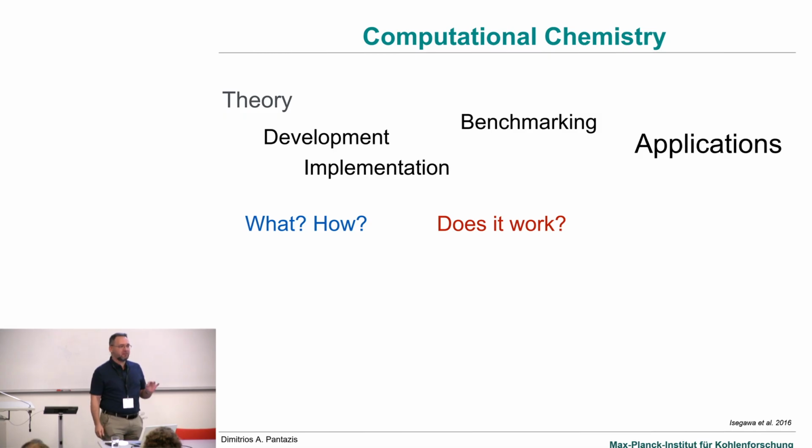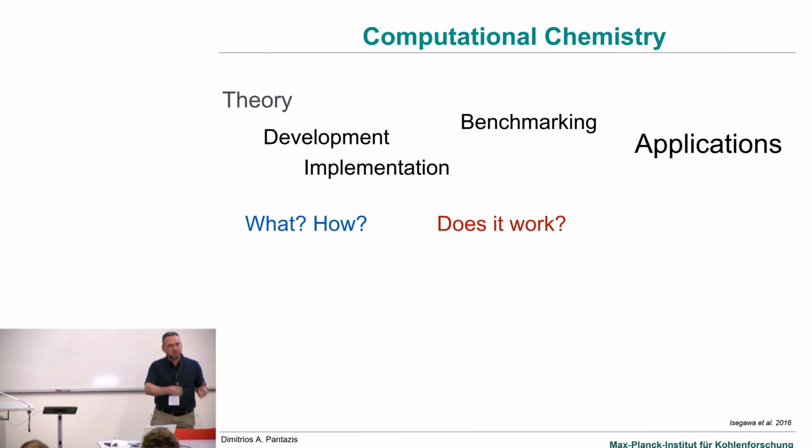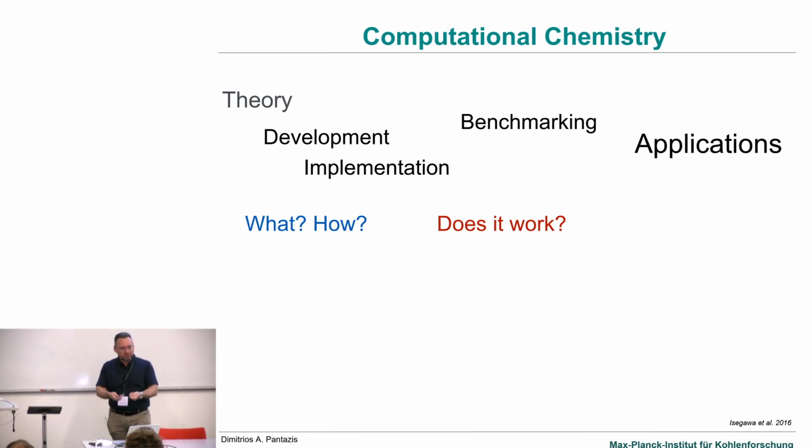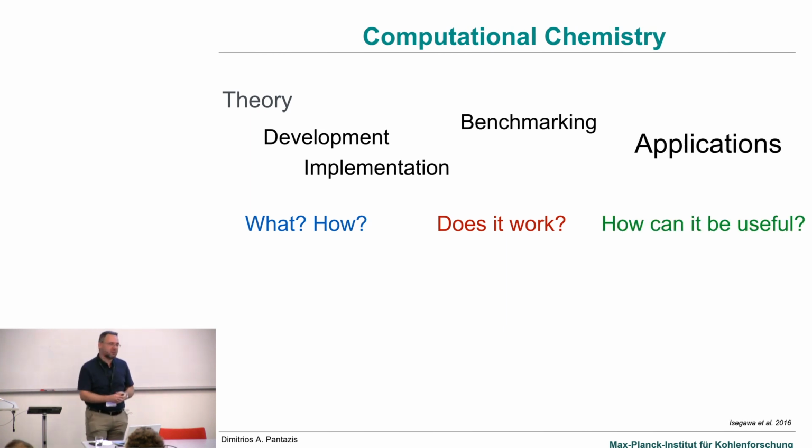We don't really have this kind of benchmarking in other fields of science. It can be very extensive; one could do only benchmarking for a career. How to have specific data sets, how to test specific methods, and then how to go back and tweak the methods to reproduce either higher-level results or experimental results.